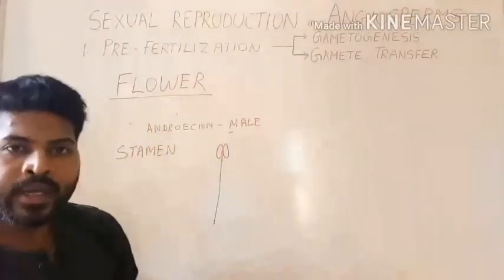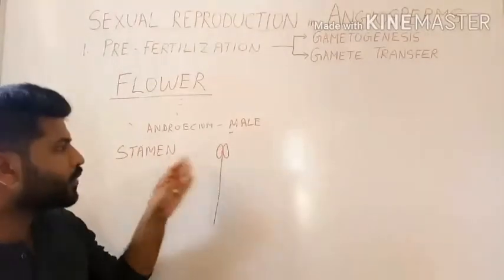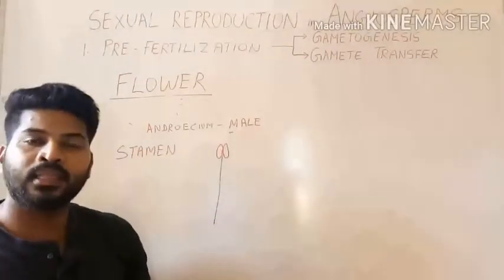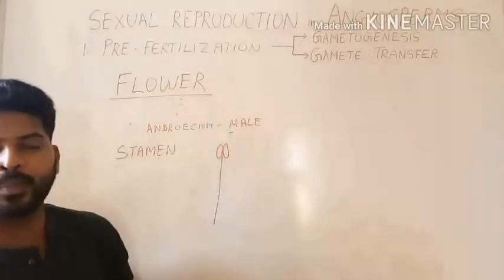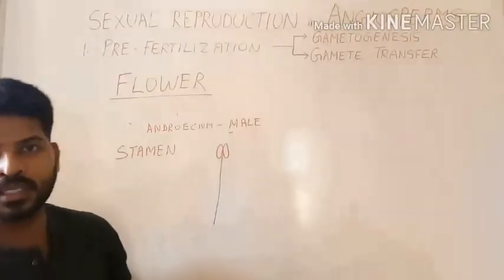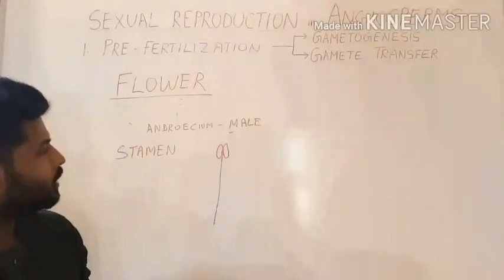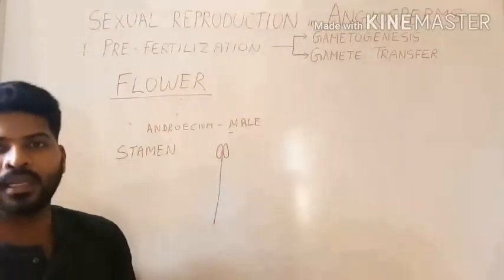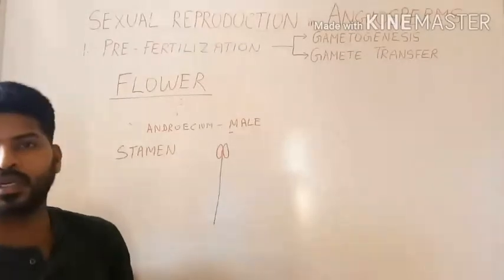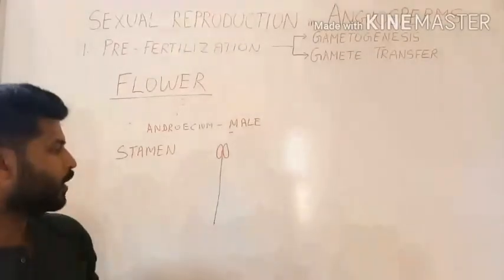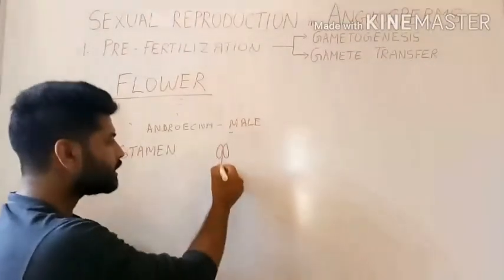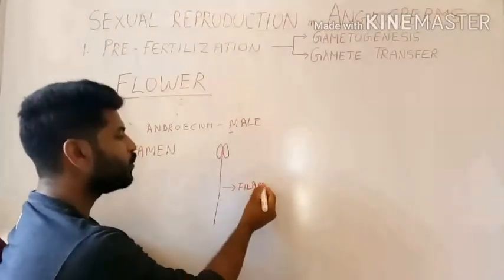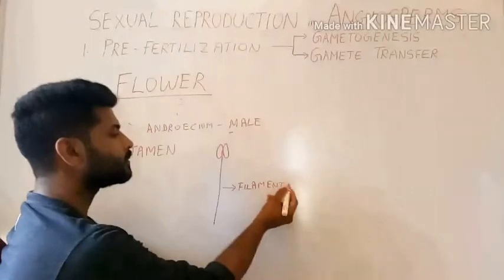In different plants, the number of stamens will vary, and their length and size will also vary depending on the plant species. Not only that, these stamens can either be attached to the petal or to the thalamus using a long, slender, stalk-like structure called the filament.